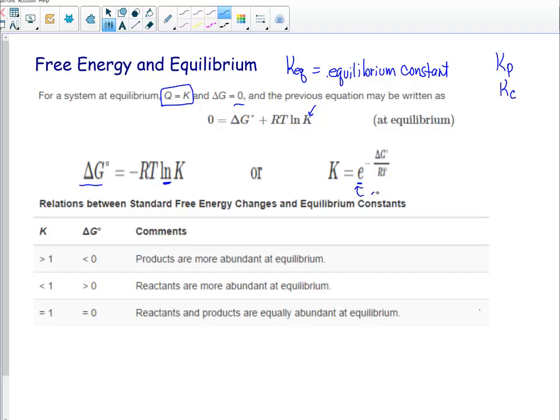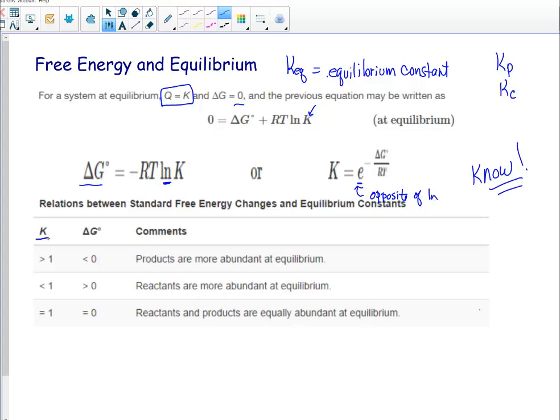On your calculator, just remind yourself, it's the opposite of natural log. So sometimes you have to hit second function ln to find Euler's number, e raised to the x, which sits on top of the natural log key. Negative delta G over RT, that's rearranging those. So again, these are on your equation page. Know these for the test.